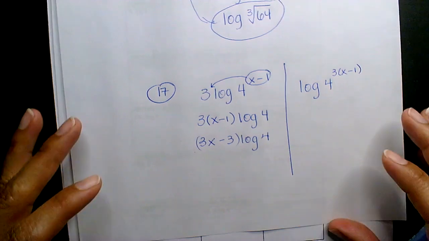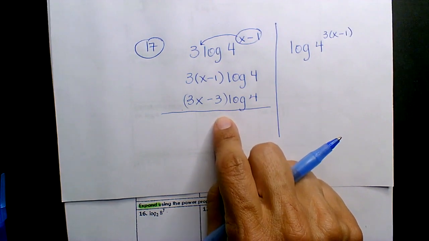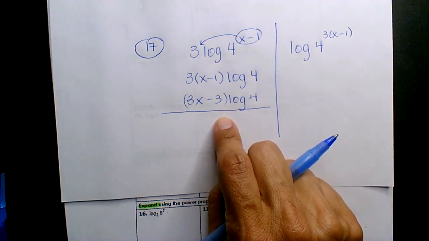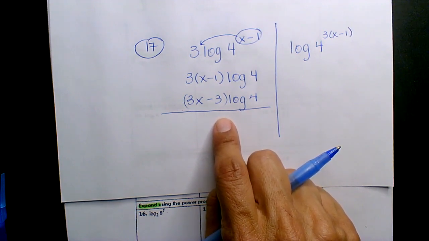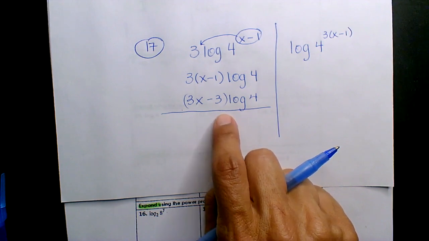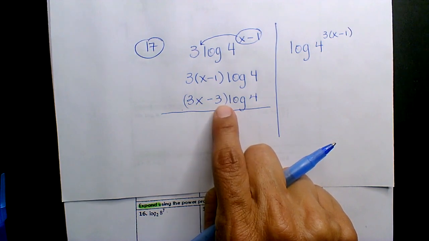Okay, if you wanted to go more, does anyone know what I would do? If I wanted to expand it more, what would I do? You could probably do the square root or something. How many terms do I have here? 2.